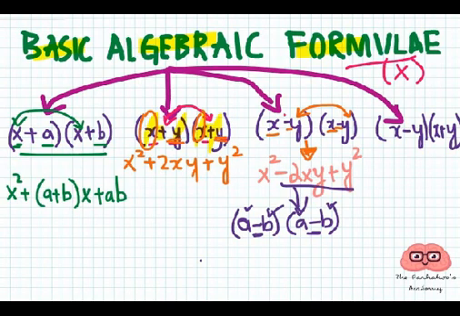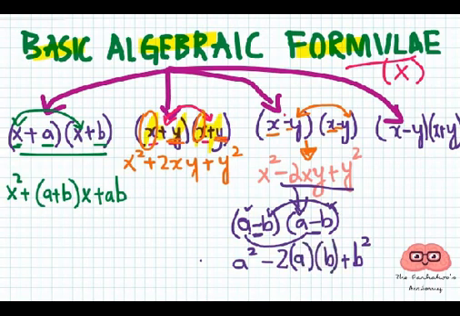How can we solve it in just one line? Square the first term, square the second term, and 2 times the first term, which is a, and b. So a squared minus 2ab plus b squared.